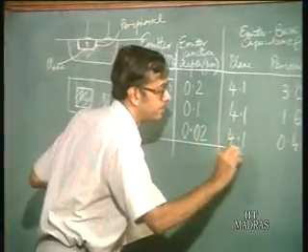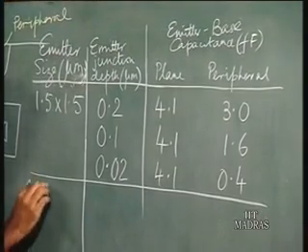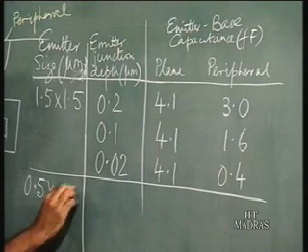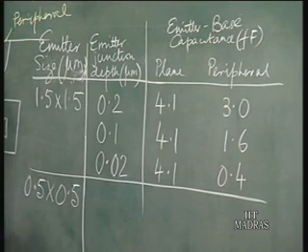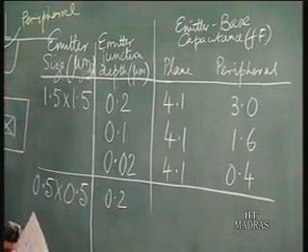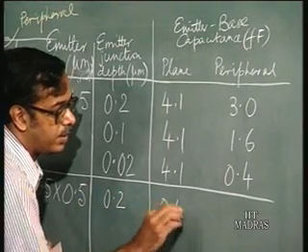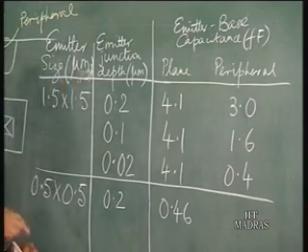Now, suppose we go for a 0.5 micron by 0.5 micron emitter size, and again the junction depth is 0.2 micron. The plane component has gone down to 0.46 femtofarad, of course, since the area itself is reduced.